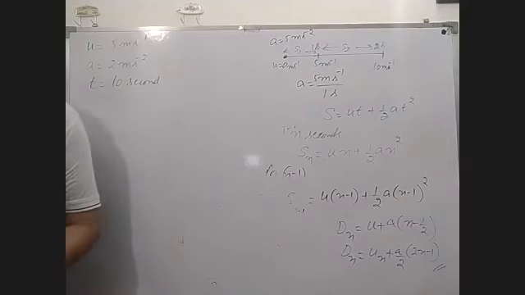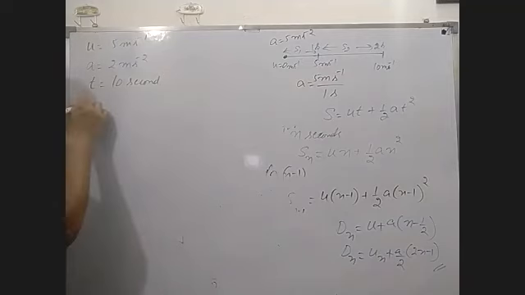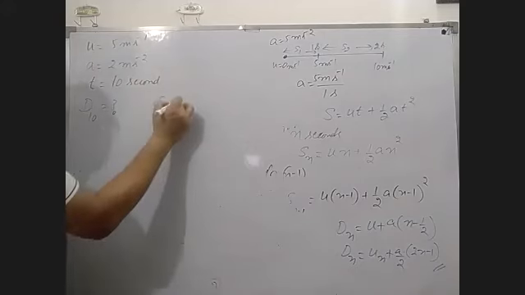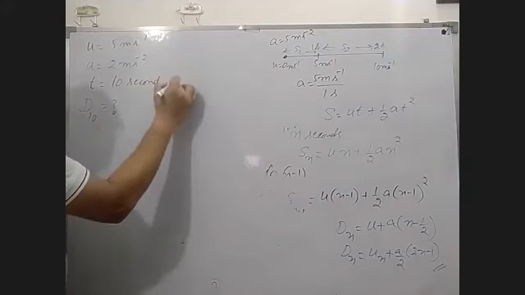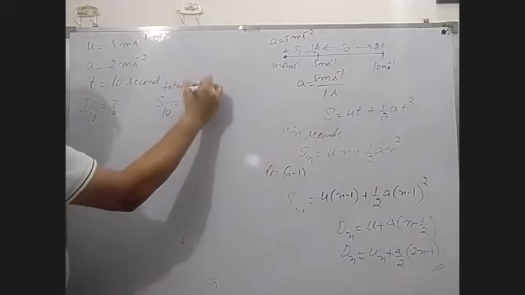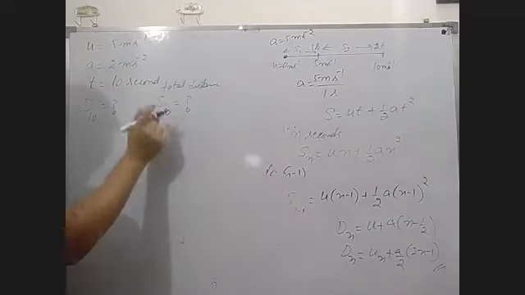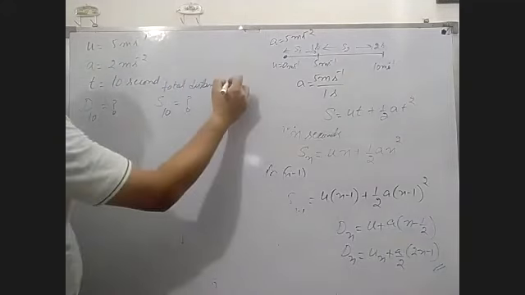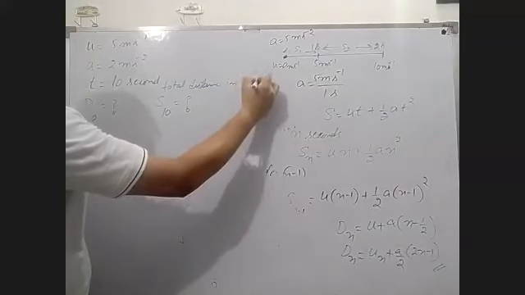Find the displacement of the particle in the last 1 second, and the total distance traveled in 10 seconds. You have to calculate d n and S n. S n is the total distance covered in 10 seconds.